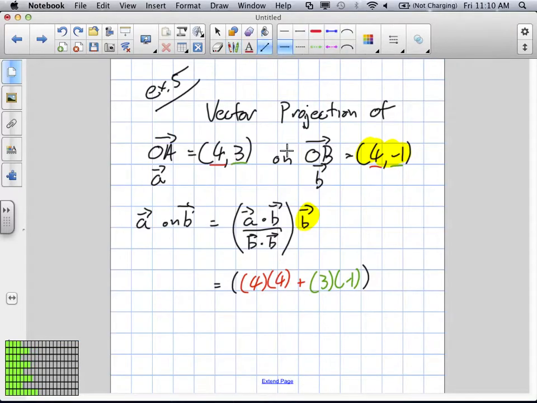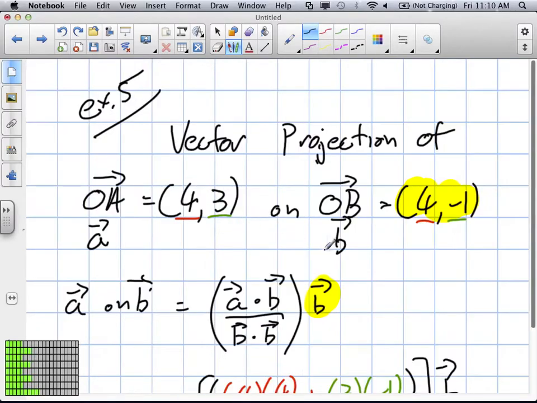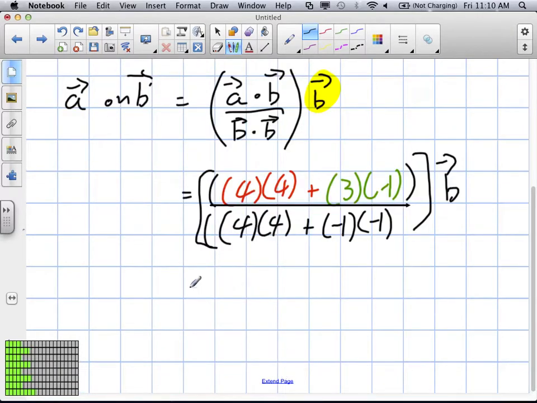And of course, this is all divided by B multiplied by B. Well, that would be 4 by 4 plus -1 by -1. And again, we'll turn this into a scalar of B. We get 16 minus 3, which is 13. And 16 plus 1, which is 17.